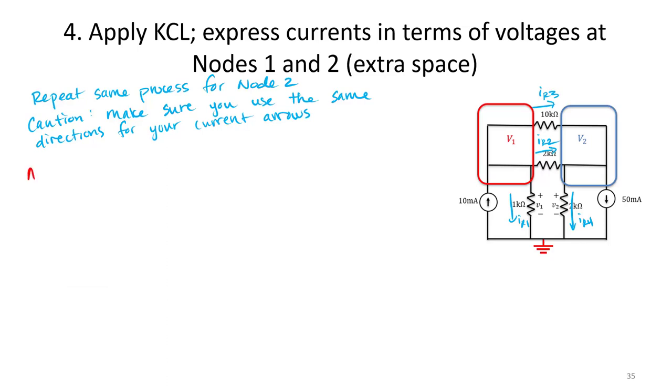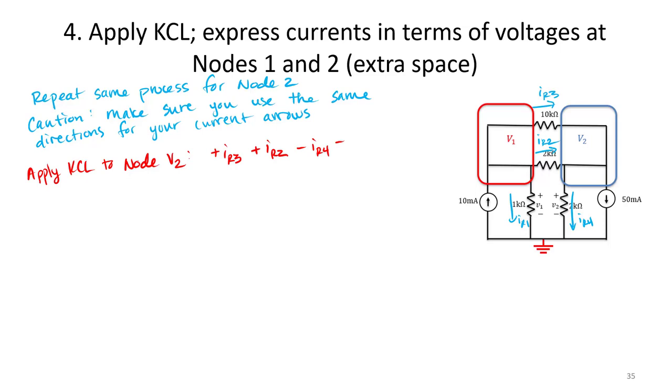So if we apply Kirchhoff's current law to node V2 here, we determine, well, we have IR3 coming in, so that gives us plus IR3. IR2 is coming in, so we get plus IR2. IR4 is leaving, so we give that a negative sign.